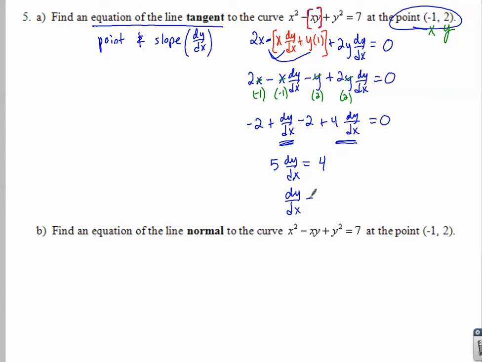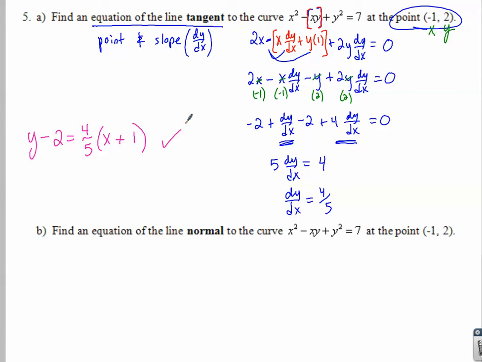Solve for dy/dx, get 4/5. There's the slope of our tangent line. We need the equation of the tangent line. So finally, to write our equation, y minus the y-coordinate equals the slope times x minus the x-coordinate. Minus a negative makes plus.